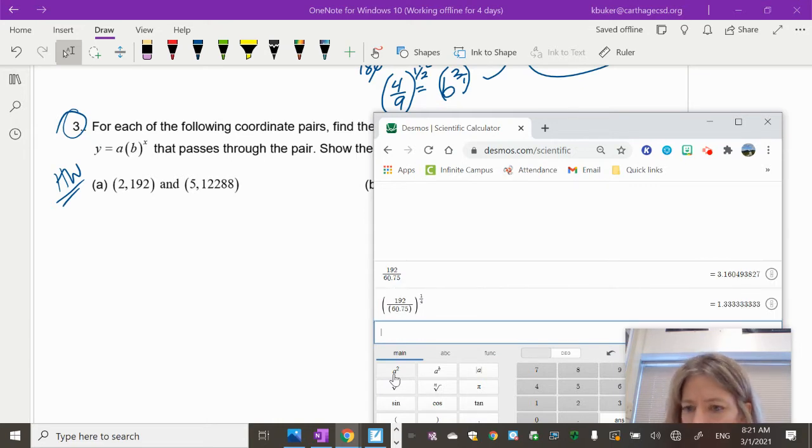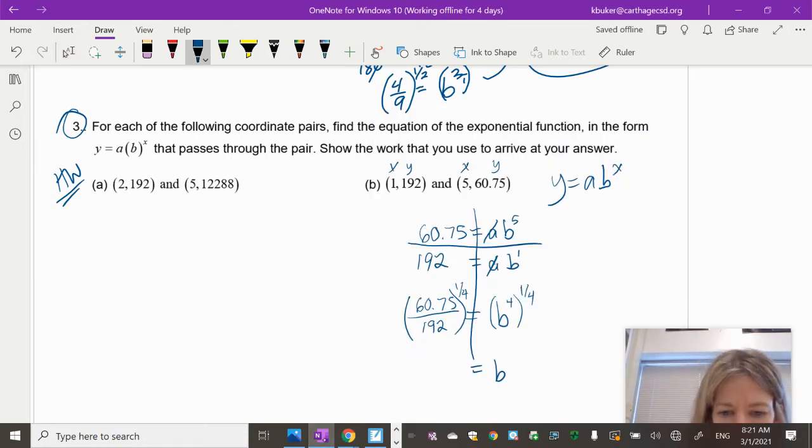Enter. Okay, and this gives me 1.3 repeating. Well, I know 1.3 repeating is equal to 1 1/3. And I want to write it as an improper fraction, so I'm going to write it as 4/3. Okay, so b equals 4/3. And I would have to solve for my a value.